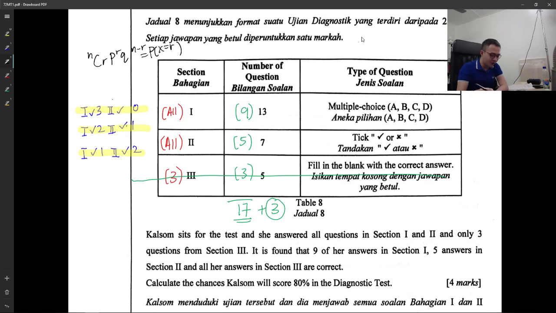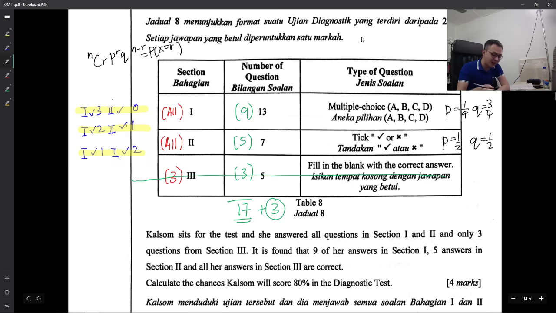So I need to find out what P and Q are for part 1 and part 2. For part 1, because it's an MCQ question, you will get one of four correct, so P is 1 over 4 and Q is 3 over 4. For part 2, it's only right or wrong, so P is 1 over 2 and Q is 1 over 2.